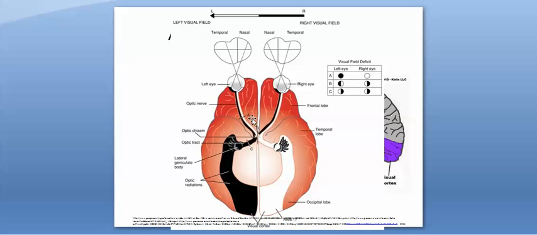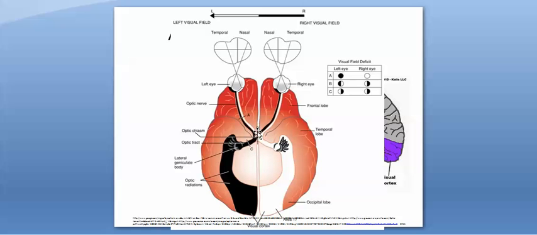So if we have a lesion at the level of the left optic nerve, we're going to completely occlude any information that comes from the left eye. None of it is going to get to the brain from the left eye. That's pretty straightforward. Same with this one. Now it gets trickier if we have a lesion at the level of the optic chiasm.